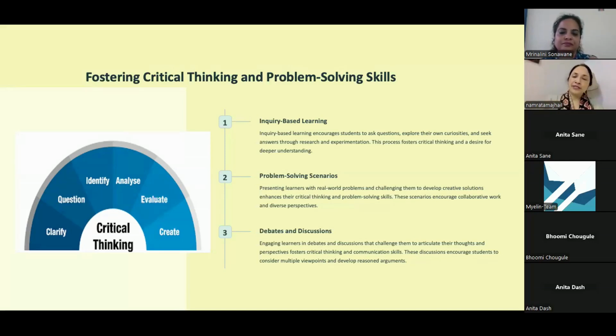Then there is physics also, and language also, where you will be able to help them put forth their points and ideas in a known, comfortable environment where they are not going to be judged, in a very generalized way. We need not target a person or a place or a scenario.